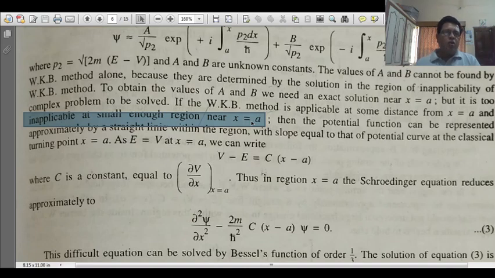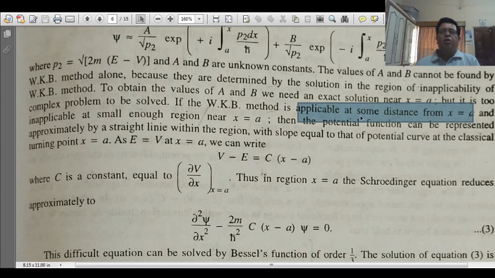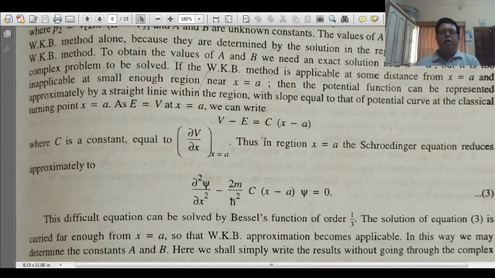Near the region x equal to a, the WKB method is incapable, but at some distance from x equal to a, it is applicable.